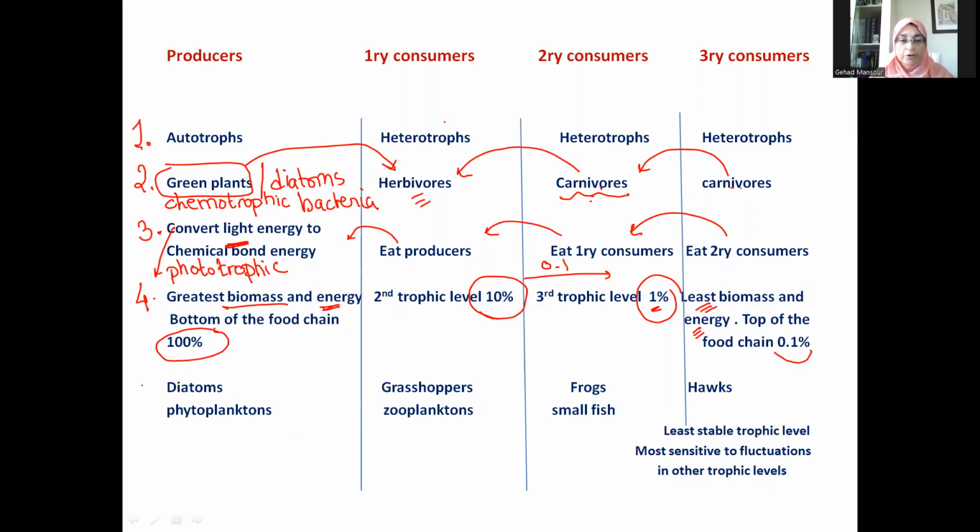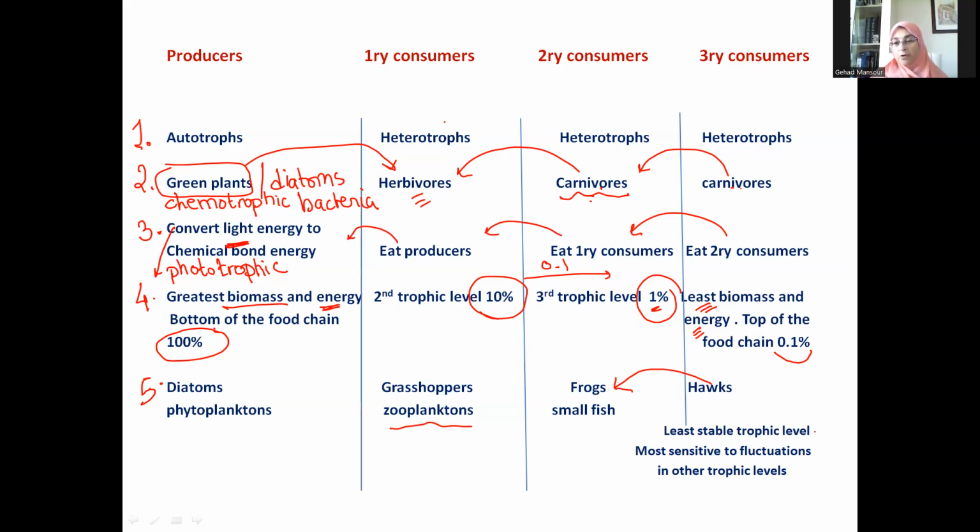If we are determining diatoms and phytoplanktons to be the producers, then the primary consumers in such a case would be the zooplanktons, the secondary consumers would be frogs in water or small fish, and the tertiary consumers would be hawks that feed on frogs.